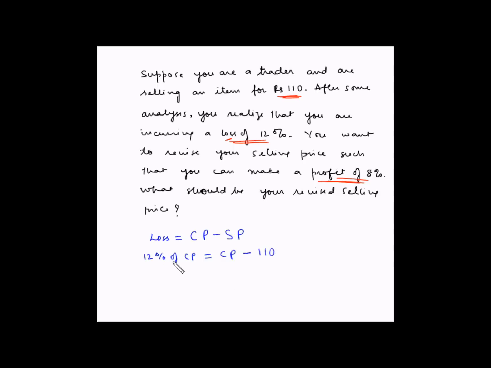Now if we express this in terms of numbers, it will be 12 divided by 100 multiplied by cost price is equal to cost price minus 110. Now 12 divided by 100 is 0.12 multiplied by cost price is equal to cost price minus 110.